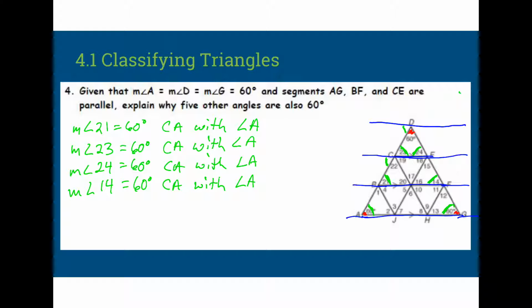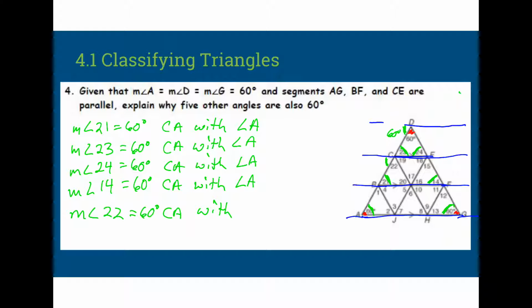So I can say that the measurement of angle 22 is going to be 60 degrees as well because of corresponding angles. We're going to say it a little bit differently this time since I know that this is 60 as well.